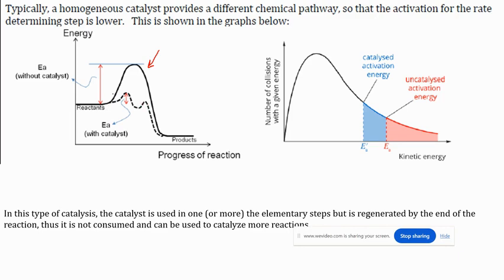Okay, so here we went without the catalyst. We had a 1 step, and that 1 step had a very high activation energy. Once the catalyst was introduced, it's going to take it in 2 steps, but those 2 steps aren't going to have as high of an activation energy. So you're able to perform a reaction with less energy input. Does that make sense?